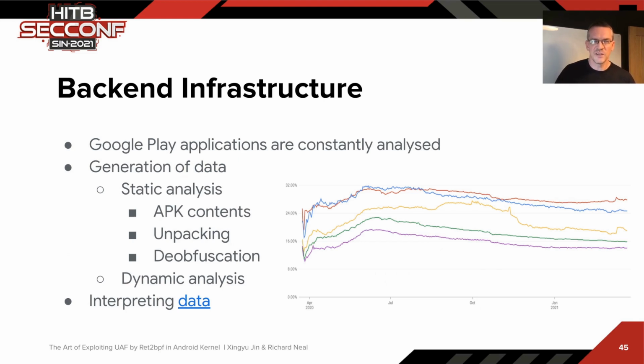Dynamic analysis doesn't suffer from the same packer issues as static analysis, as the application has to be able to run. When an application runs, its functionality can be exercised, and we can see what it does by instrumenting framework and OS APIs and seeing what data it accesses.